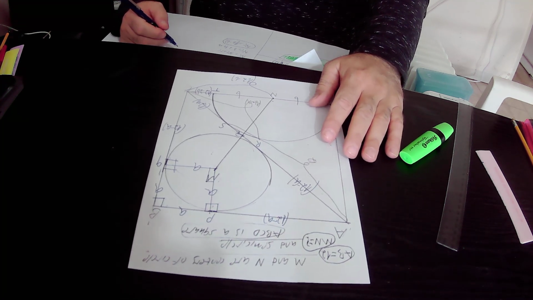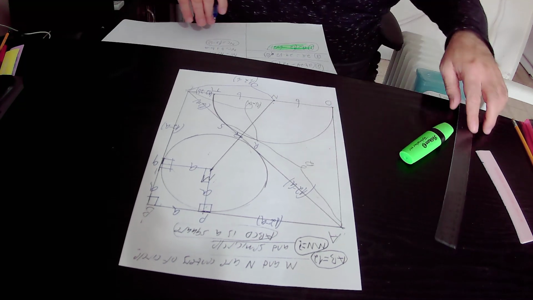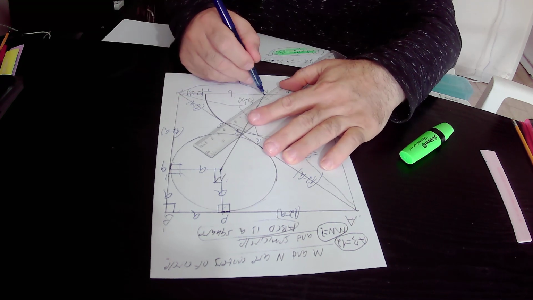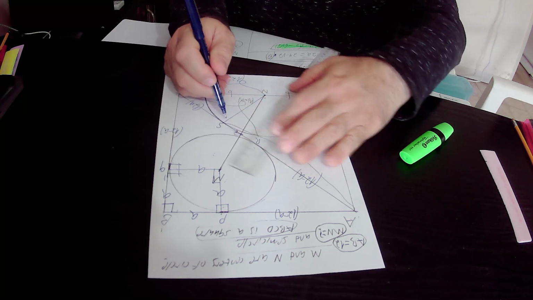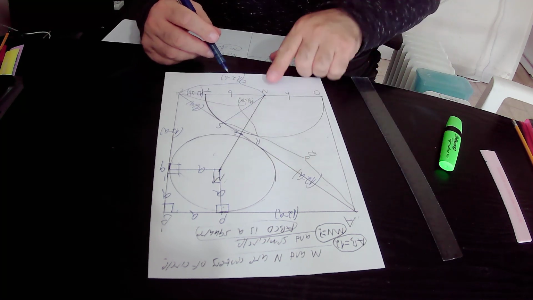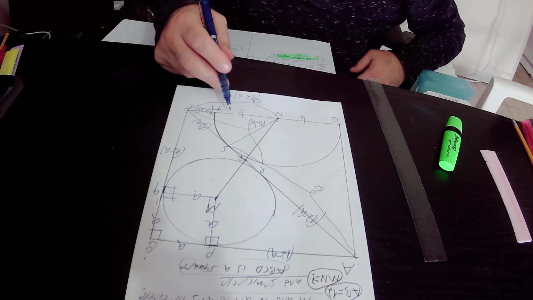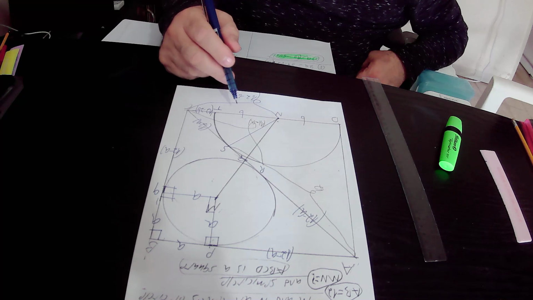In the next step, we will join points N and S together by a straight line. Line segment NS starts from the center of the semicircle, that is point N, and ends at point S, a point on the semicircle itself.